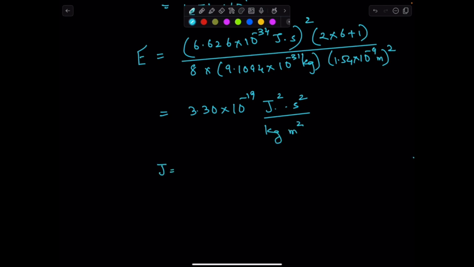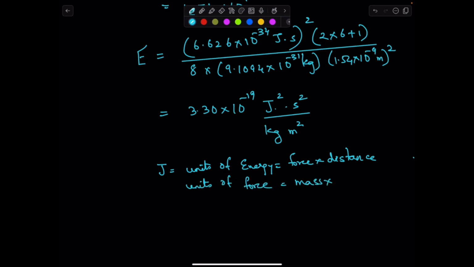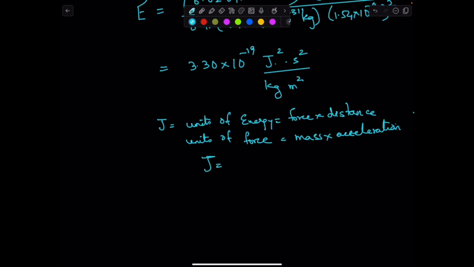Joule is units of energy, which is force times distance. Units of force is mass times acceleration. So units of joule is kilogram meters per second squared times meters, which is kilogram meter squared per second squared.